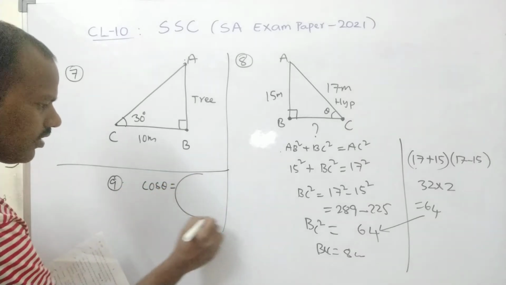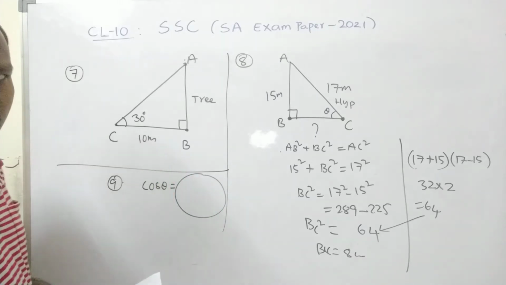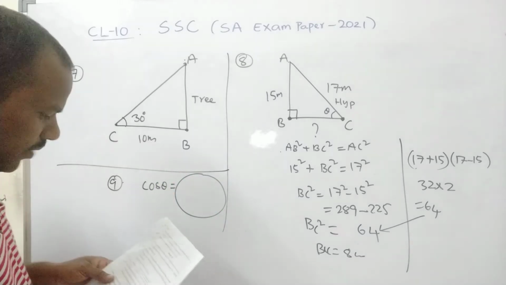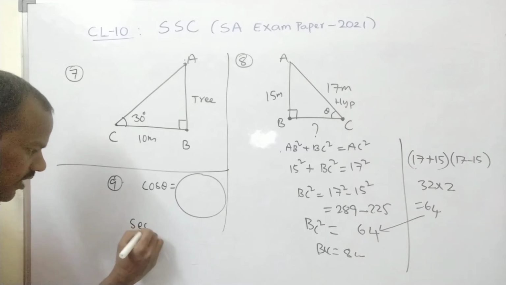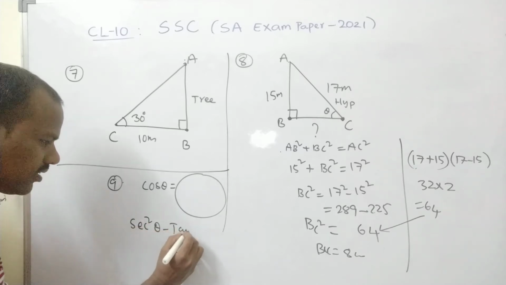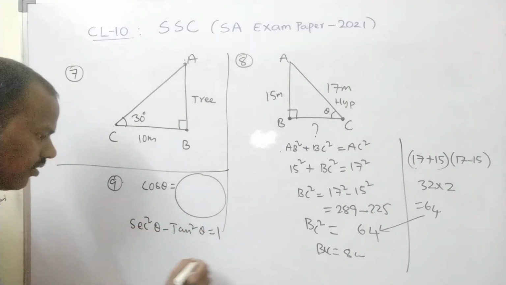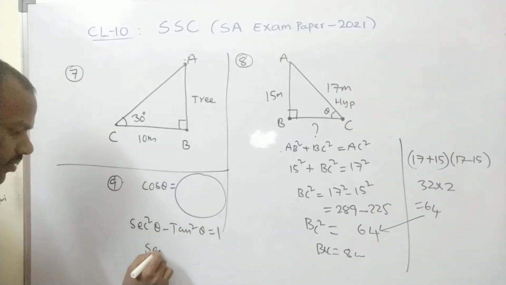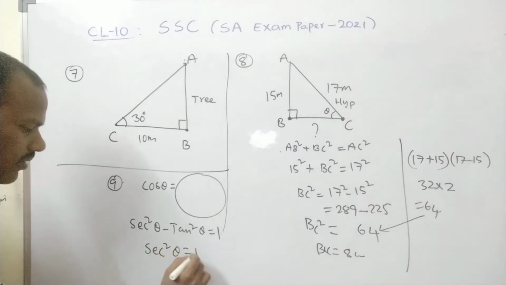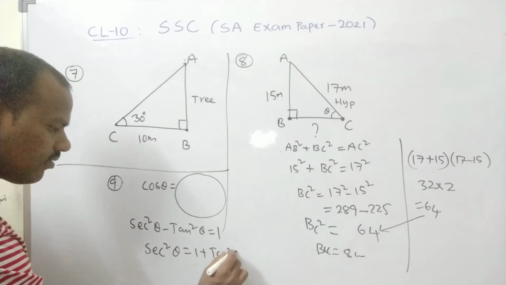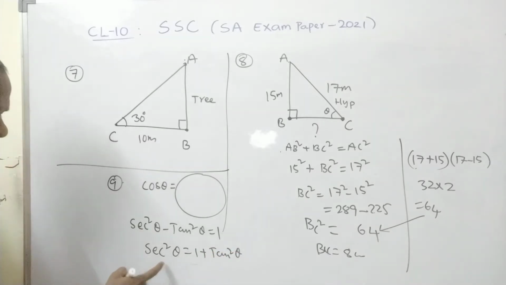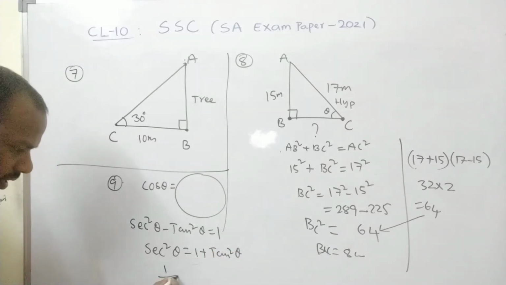Only tan should appear, that is what is expected. So we know that secant square theta minus tan square theta is equal to 1. Very well. Transpose tan square to the right side: secant square equal to 1 plus tan square.